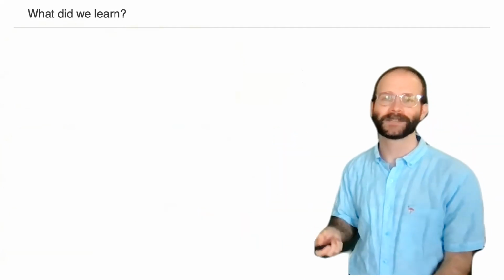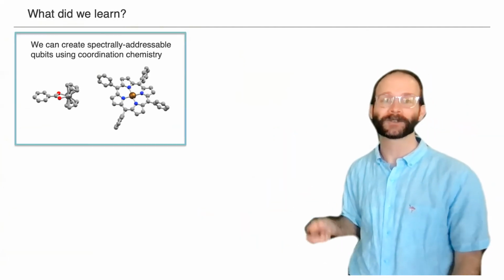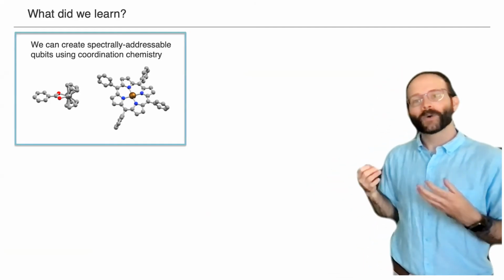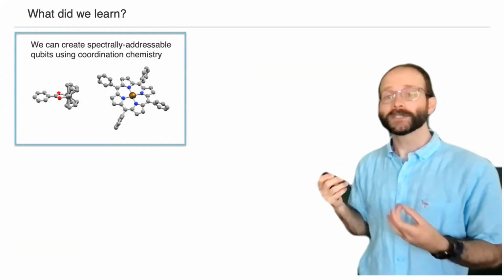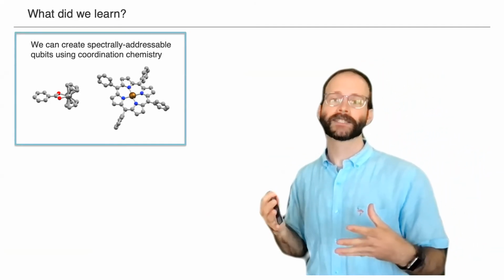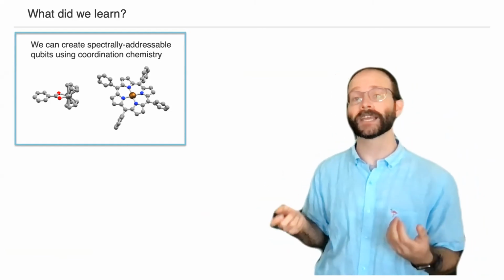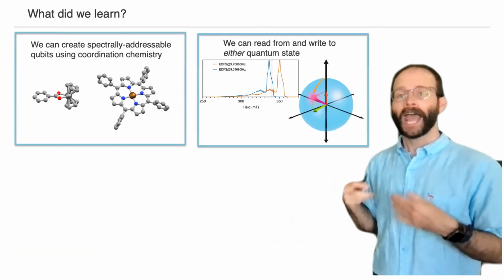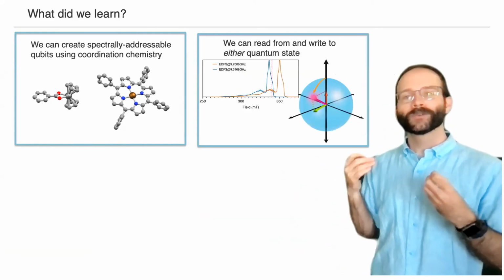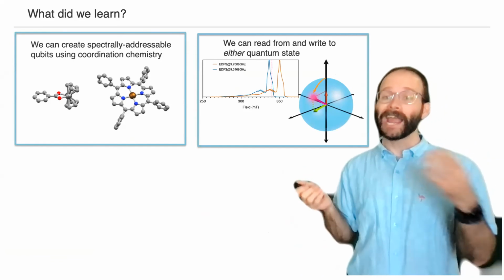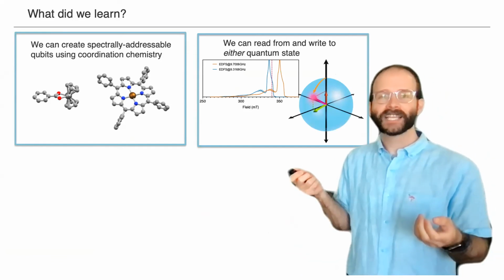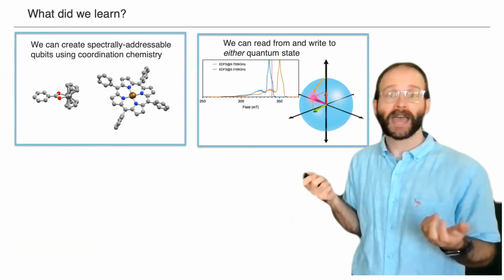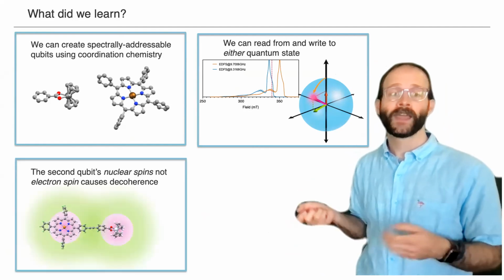Cool. So what did we learn from this adventure in coordination chemistry? We showed that we can use coordination chemistry and inorganic design principles to create systems of multiple qubits, each of which we can control with a unique microwave frequency. And once we can do that, we can read and write information into either quantum state. And the presence of the second qubit doesn't substantially impact our ability to do so.